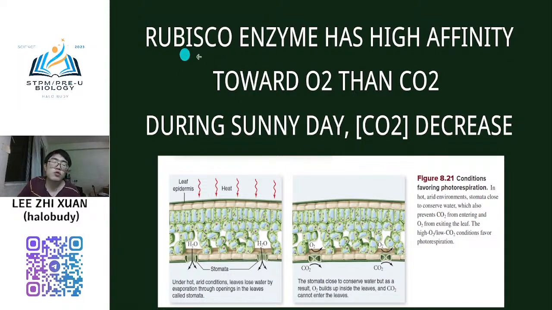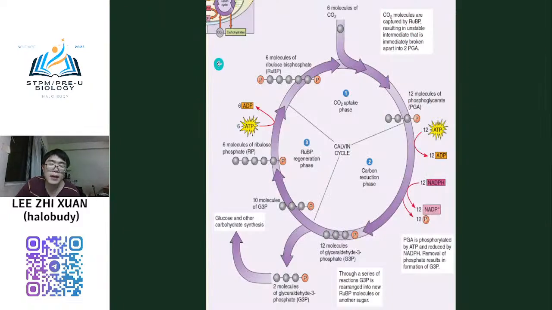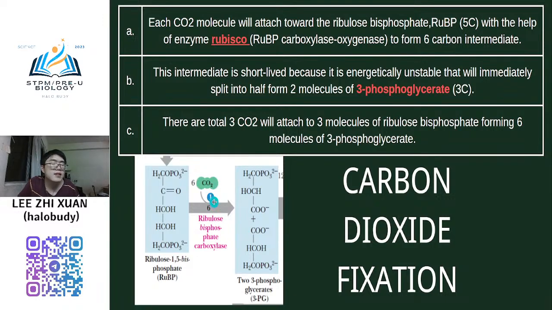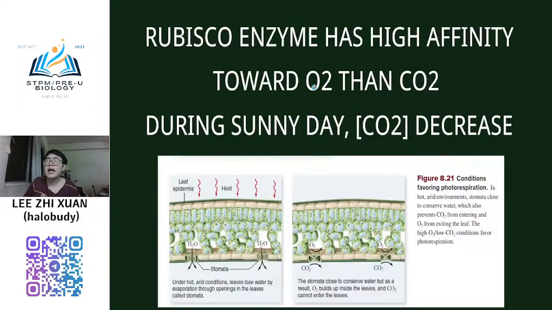Because our Rubisco enzyme, this first enzyme, is very sensitive to oxygen compared to carbon dioxide. This enzyme should help RuBP to fix carbon dioxide, but unfortunately, in nature, it has a high affinity toward oxygen compared to carbon dioxide.